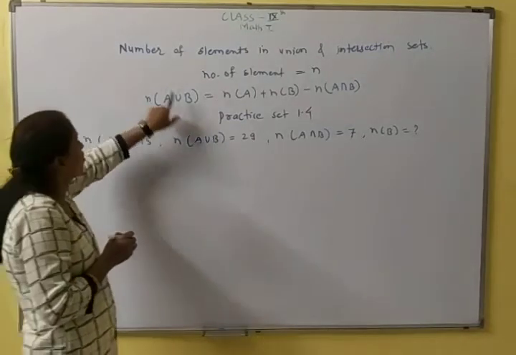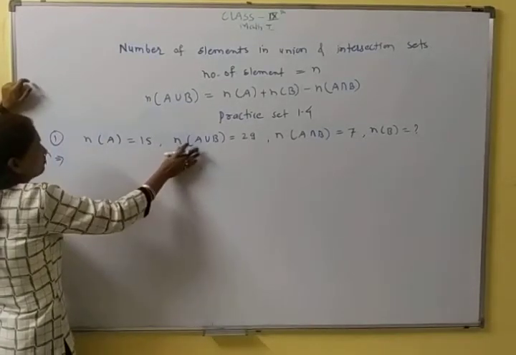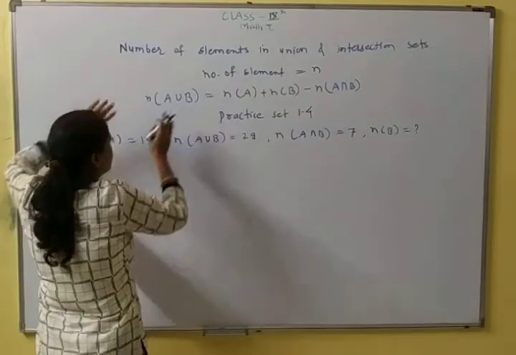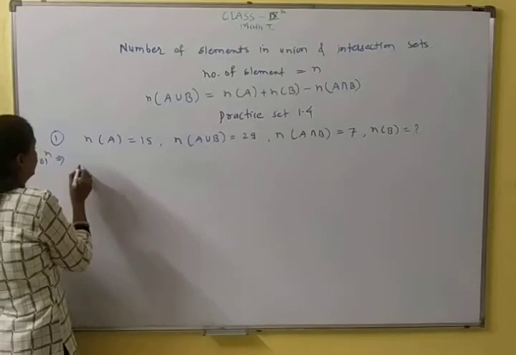Write the number of elements in union and intersection of sets. Some values are given: n of A is 15, n of A union B is 29. Put all the values in this formula.